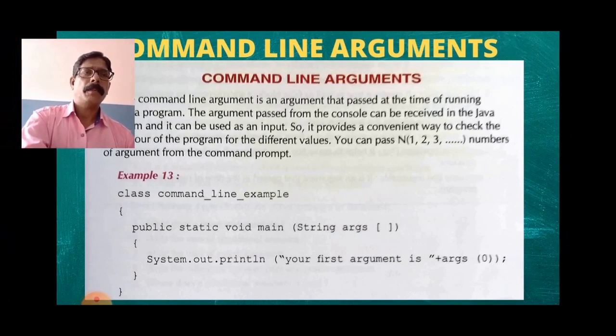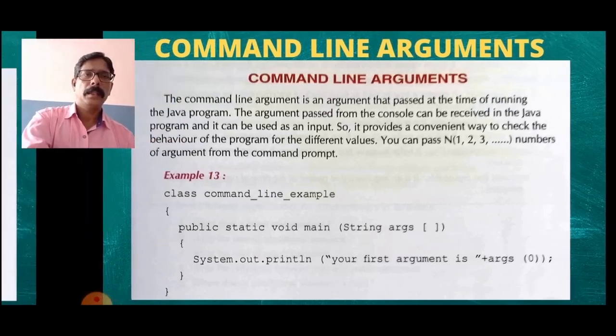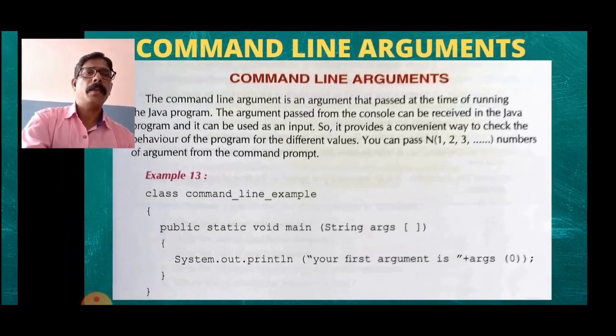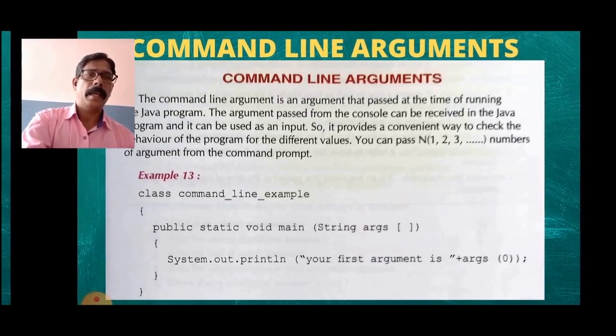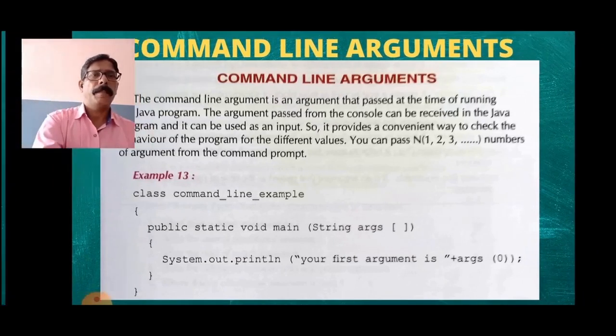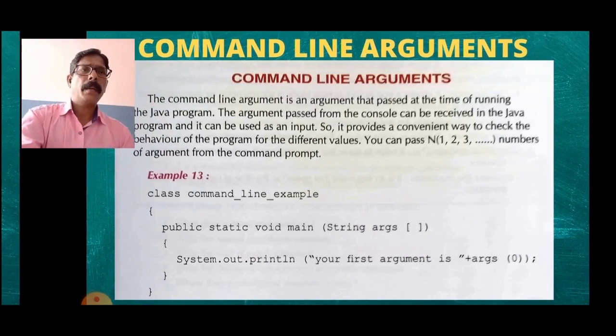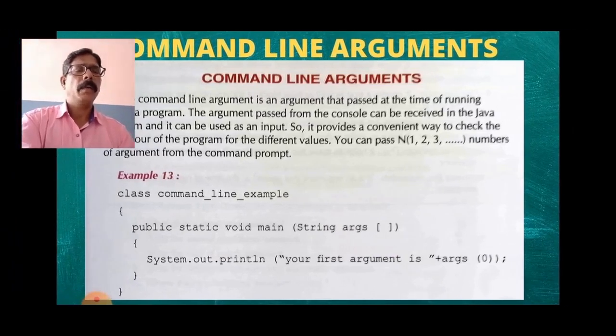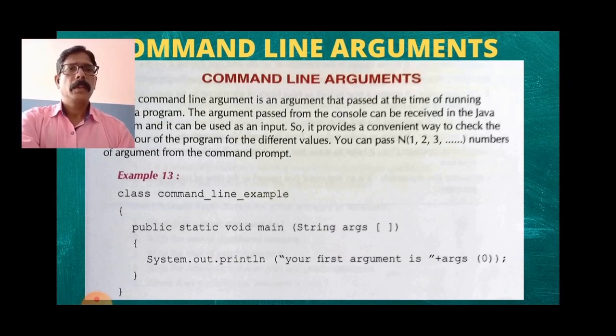The argument passed from the console can be received in the Java program and used as an input. So, it provides a convenient way to check the behavior of the program for different values. You can pass 1, 2, 3, etc. numbers of arguments from the command prompt.